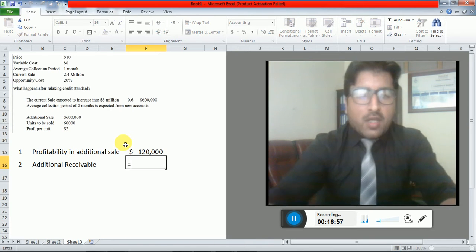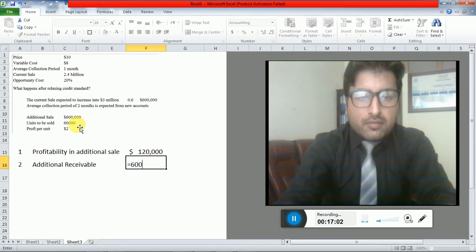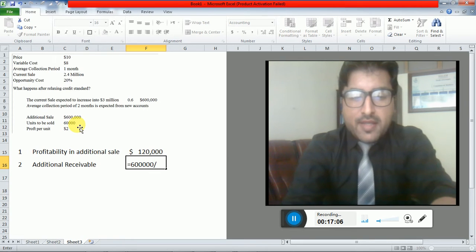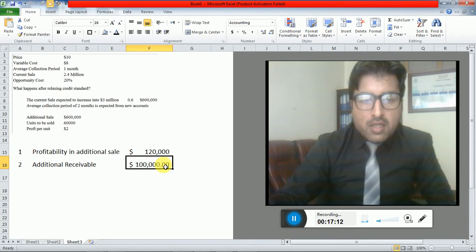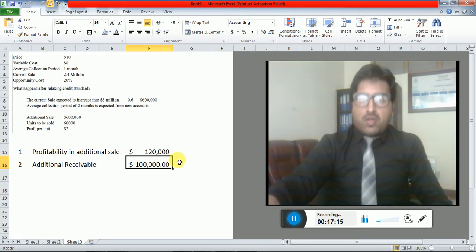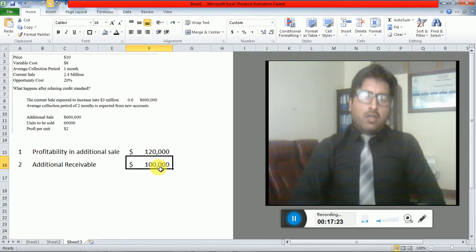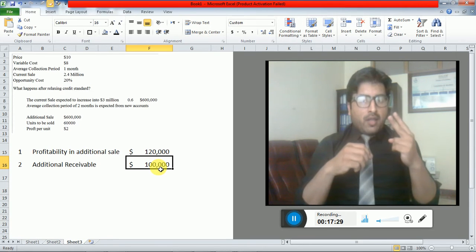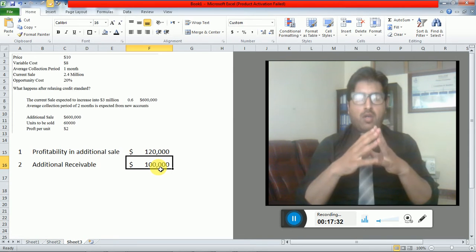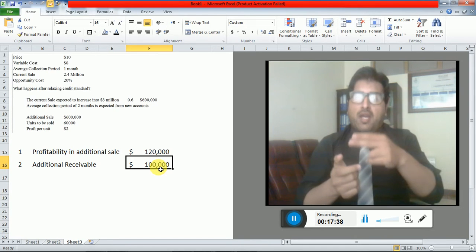So easy. If in 1 year we are receiving $600,000, divided by 6, it means in each 2 months the sale is $100,000. Because the new customers are not able to pay in 1 month, they are paying in 2 months.